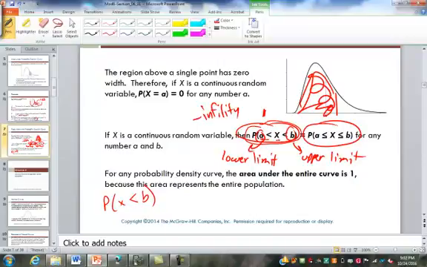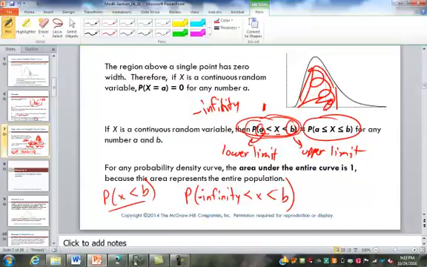So what we do is put that in as: the probability of x being less than a value is the probability of negative infinity being less than x being less than the value that we are looking at. And we do the same thing if we're asking the probability that x is greater than a value. It's going to be the probability that that value is less than x, is less than positive infinity.